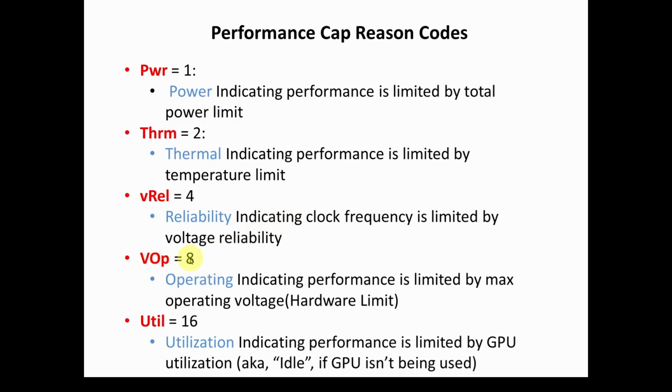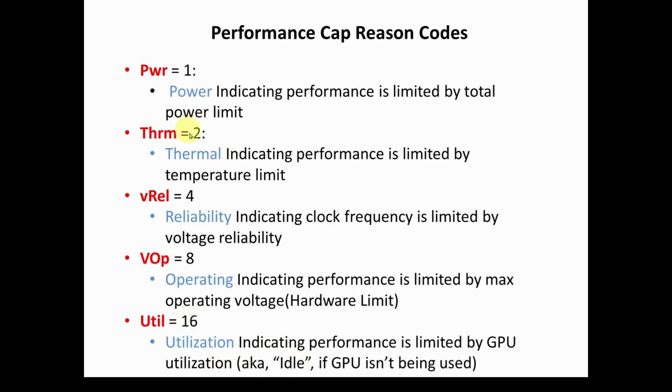Then VOP is a code of 8, indicating performance is limited by max operating voltage, which is a hardware limit. You can't exceed the operating voltage. And then UTIL is a code of 16, utilization, indicating performance is limited by GPU utilization. If the GPU isn't being used, it's idle. So if you see a 16, it could be that it's just idle, not being used.